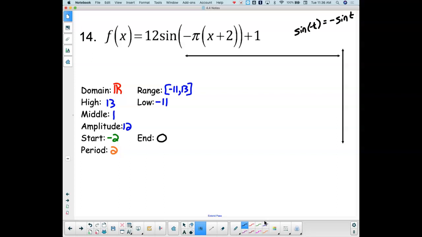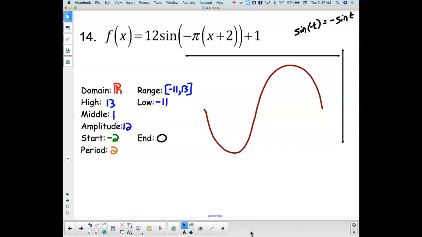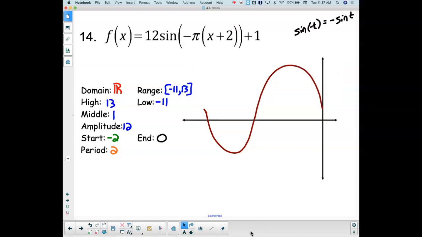So this sine curve starts in the middle, goes low, high, ends back somewhere in the middle. We can move this to there. Extend it down just a little bit more. It's very close to the middle, but it's actually one lower than where the middle is.